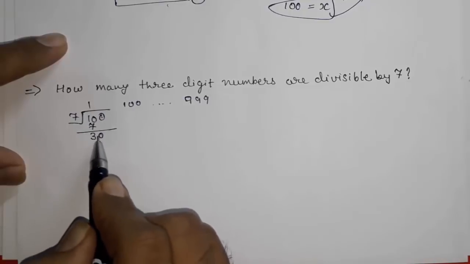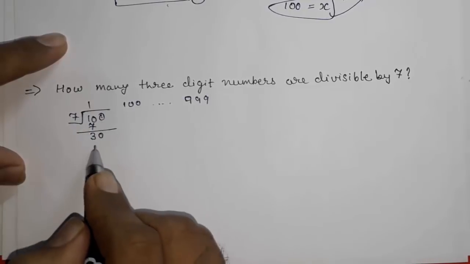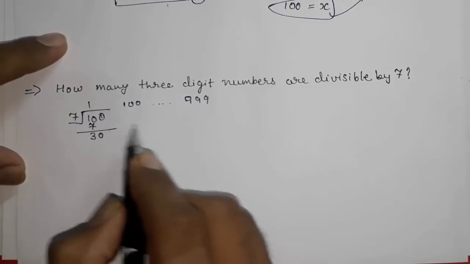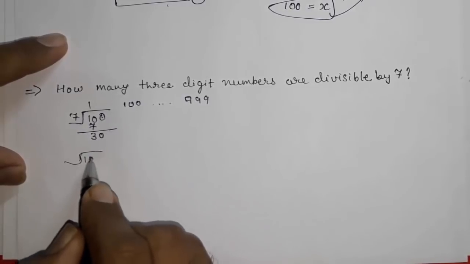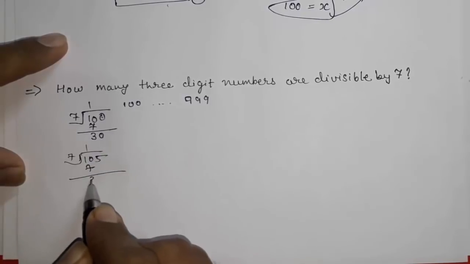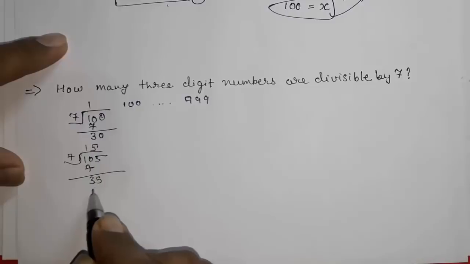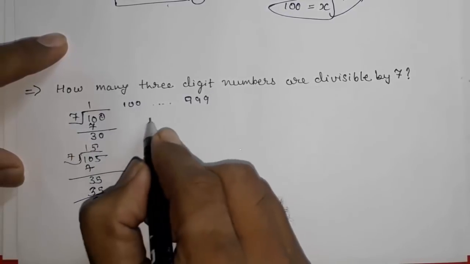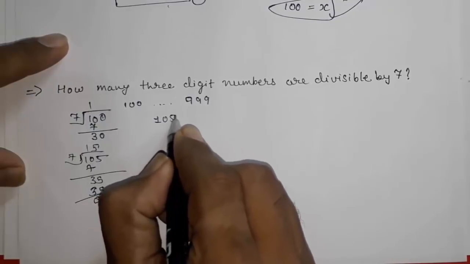So that number will be divisible by 7. So our first number will be, look here, I'm putting 105. 7 1s are 7 and this will be 35, 7 5s are 35, 0. So our first number of our AP will be 105.